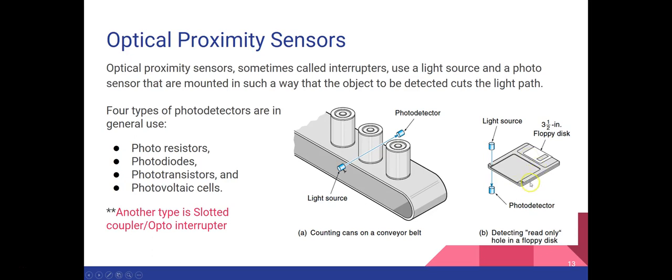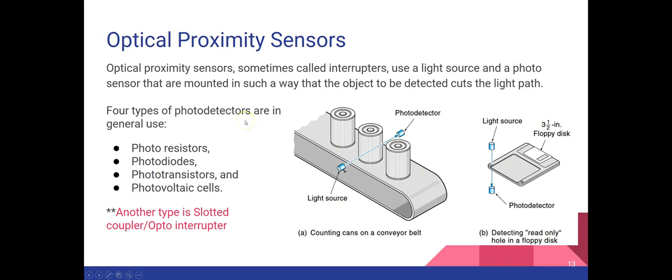And here is another example of an optical proximity sensor where it is detecting the read-only hole. You can see over here in a floppy disk, and that's how they are attached, and that's how a computer reads the floppy disk.